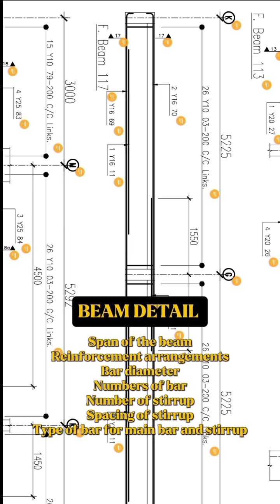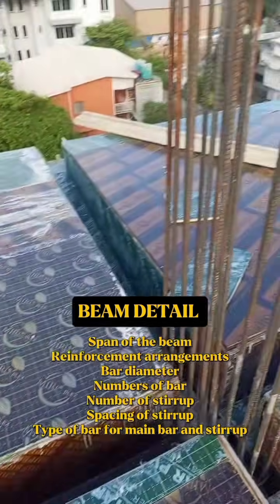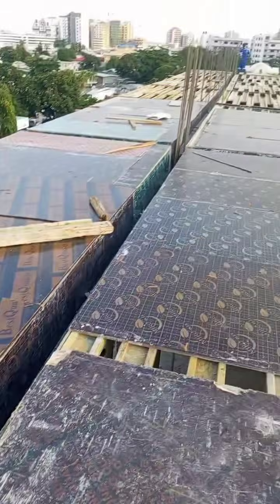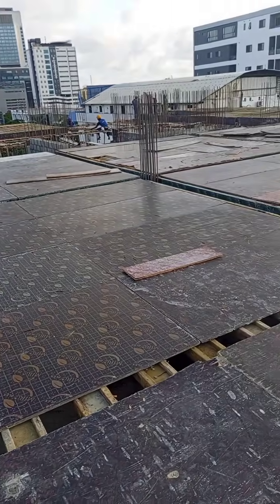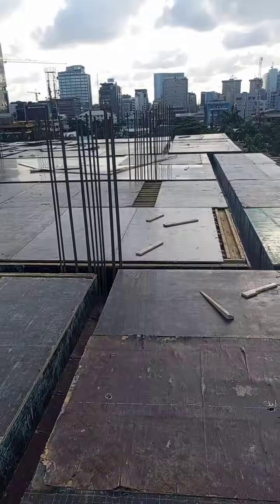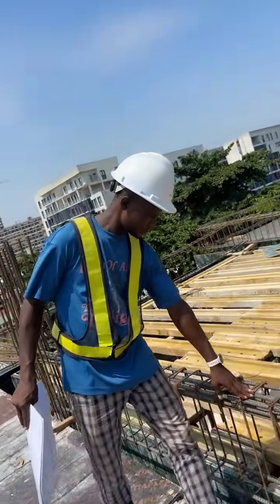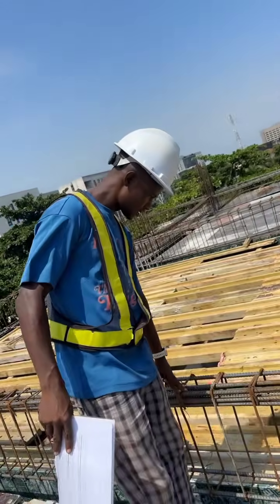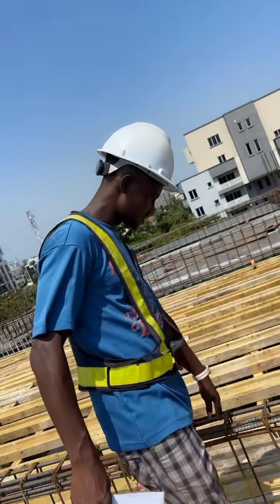This is where I also get the bar diameter I'm going to use for my tension and compression zone. Here I also get the number of bars I need for the tension and the compression zone. Here I get the number of stirrups I need and the spacing between the stirrups. If I have spacer bars, this is where I'm going to get whether I have spacer bars on the reinforcement or not. So those are the details I'll be getting here.